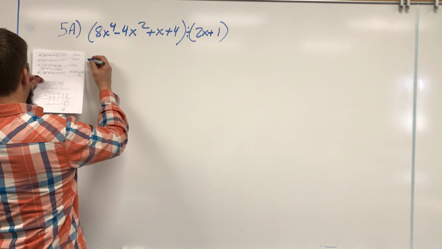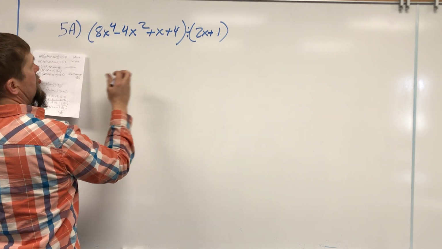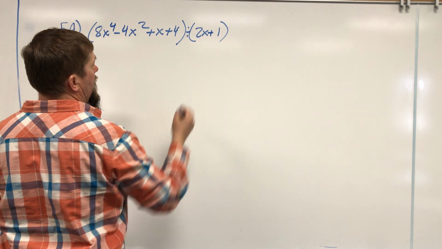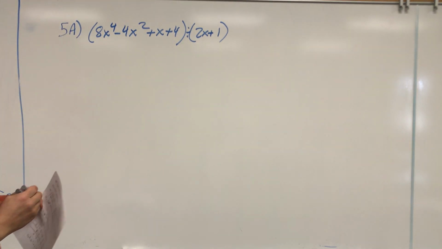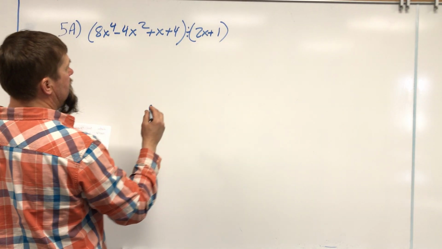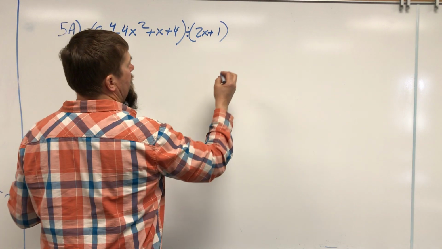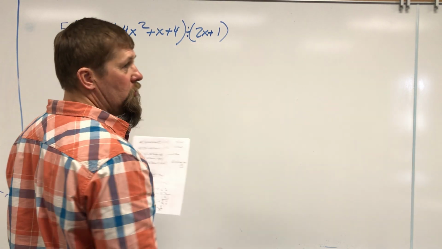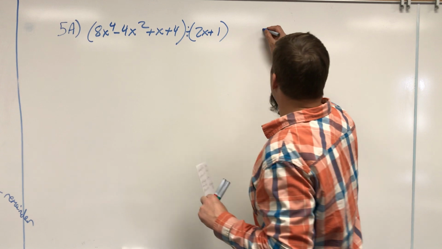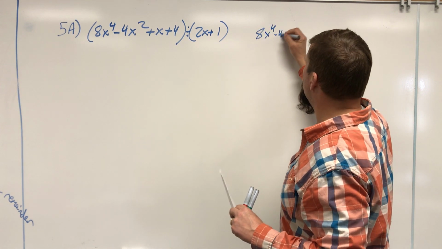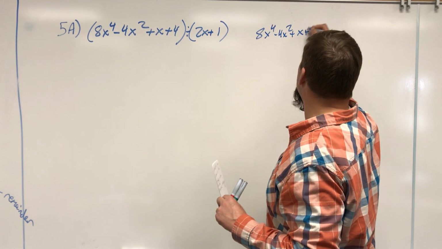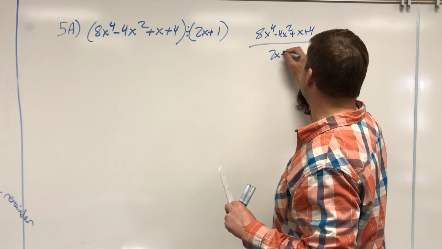Okay, so we know that we want to find r. So remember now, I'm going to show this to you, but I usually don't show this work. This is 8x to the 4th minus 4x squared plus x plus 4 divided by 2x plus 1.